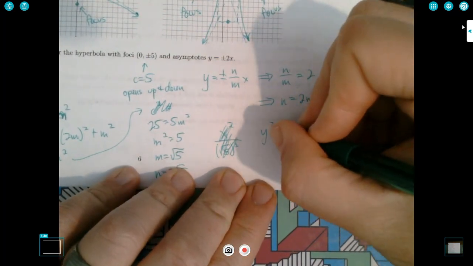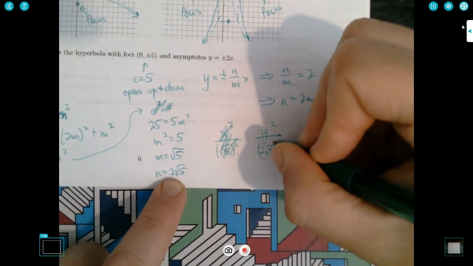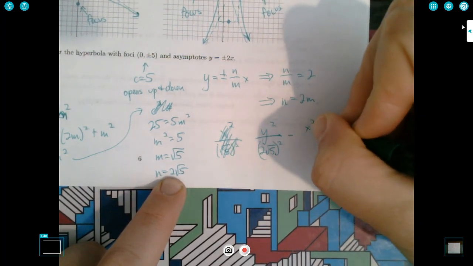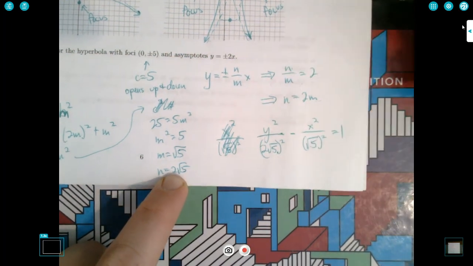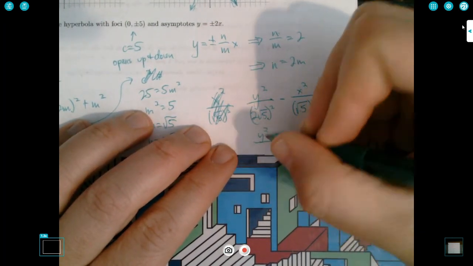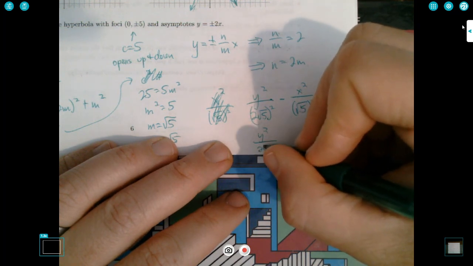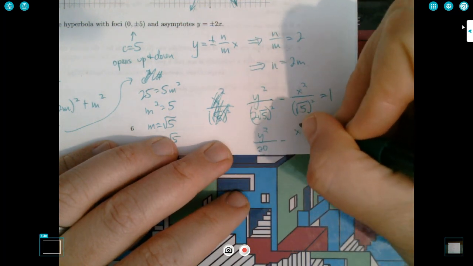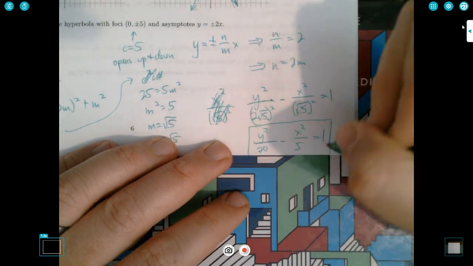It's going to be y squared over n squared minus x squared over m squared equals 1. Okay, and there's our equation, right? So we would get y squared over 4 times 5 is 20 minus x squared over 5 equals 1. There's the equation for our hyperbola.